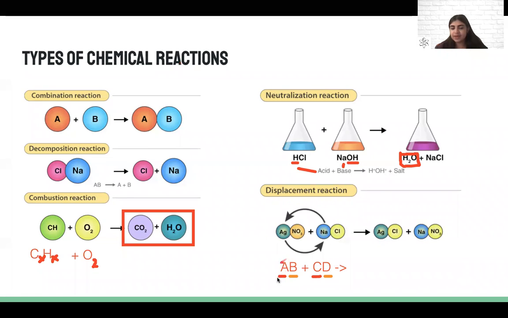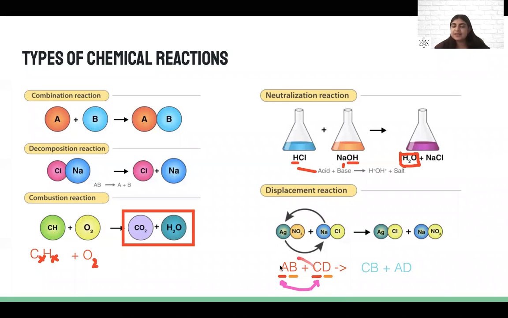So for example, we see that each molecule here is made up of one red letter and one orange letter, red being A and orange being B, and then red being C and orange being D. And we are going to switch the reds or switch the oranges, and then the results will be CB plus AD.